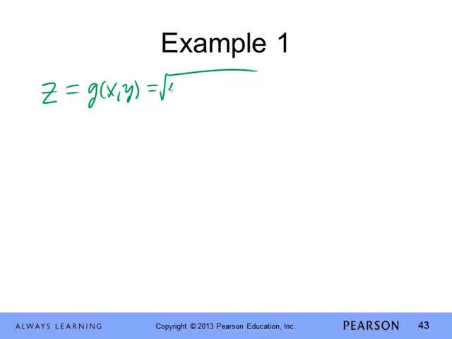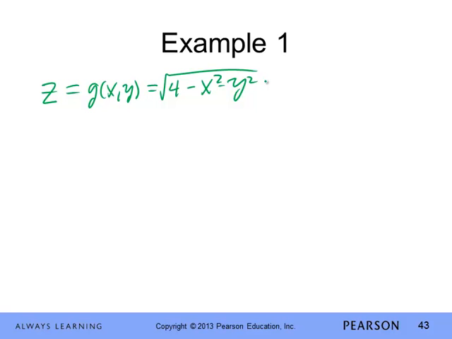Then we have the square root of 4 minus x squared minus y squared. Let's find the domain, the largest set of values of x and y, which will form the set of allowable inputs for this function.